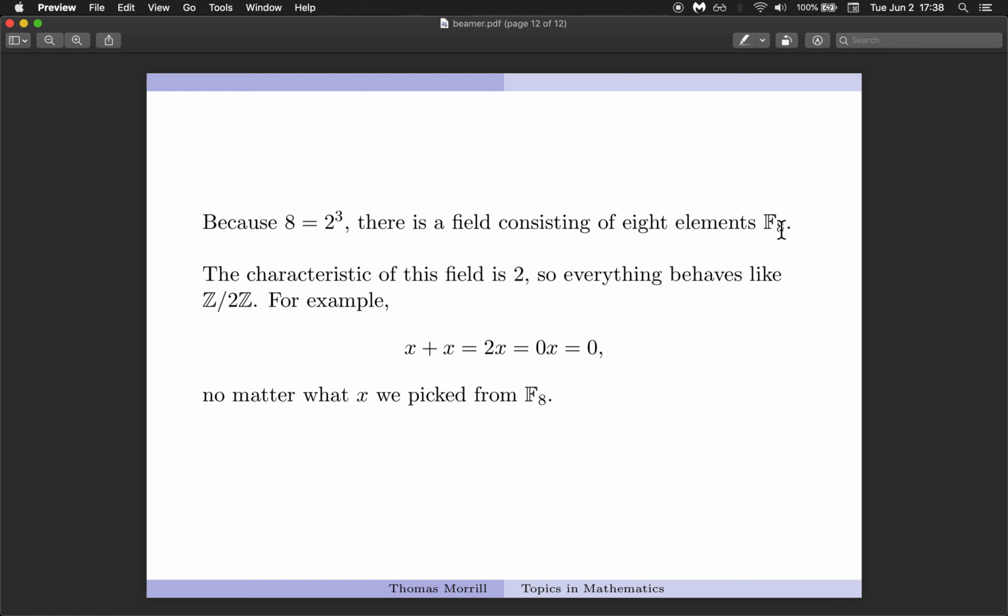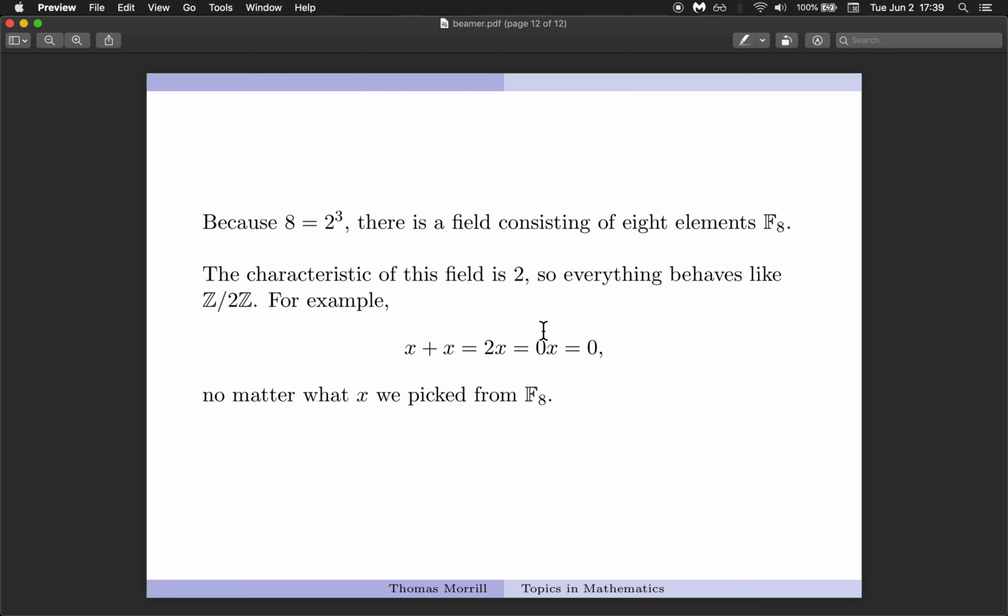So the algebra in F8 is sort of like the integers mod 2. So if x is any member of this field, it could be 1, it could be something else, then x plus x, it'd be fair to say that's 2 times x. But in characteristic 2, 2 is the same as 0.